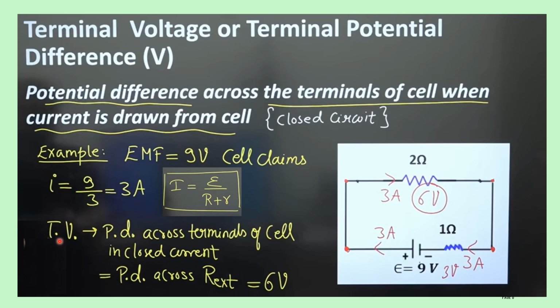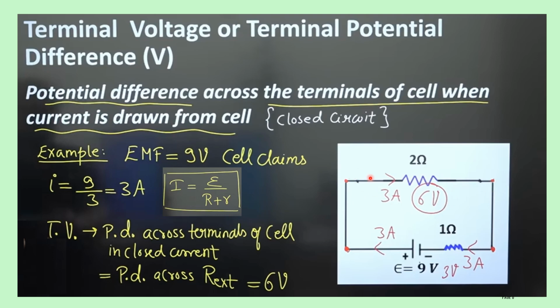Then come to terminal voltage: the potential difference across the terminals of a cell in a closed circuit. Terminal voltage means, always remember, a closed circuit, where current flows inside the circuit. This is the closed circuit. Here you have the external resistance and the two terminals.